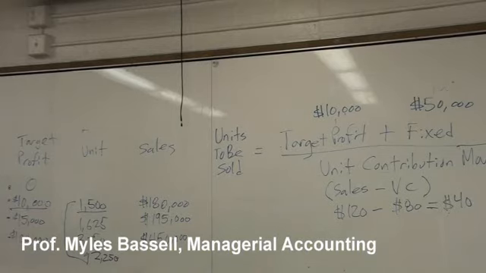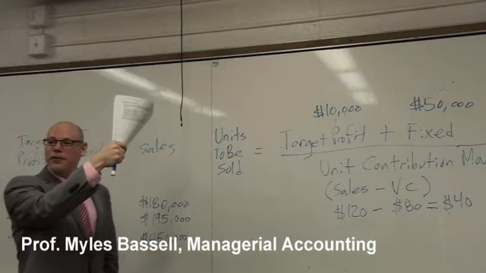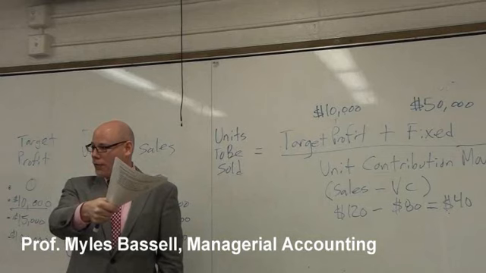Olga, go ahead. Maybe because fixed cost per unit is different. Yes, go ahead. So if we divide the fixed cost of 50,000 over those units, fixed cost per unit would be much less. Right. So each additional unit that we sell is absorbing a percentage of that $50,000 of fixed cost.